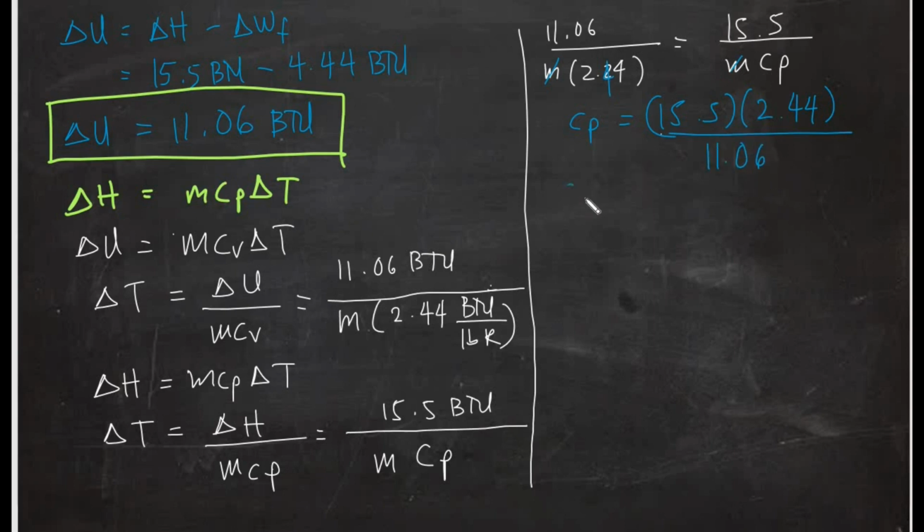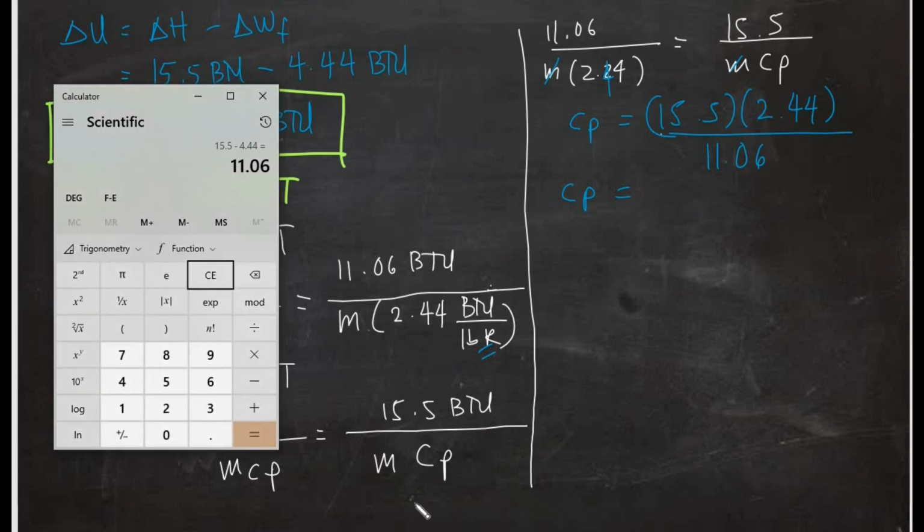C sub P will have the unit of 2.44, which is BTU per pound mass Rankine. Let's get our calculator and input that: 15.5 times 2.44, then divide by 11.06. The answer is 3.42.